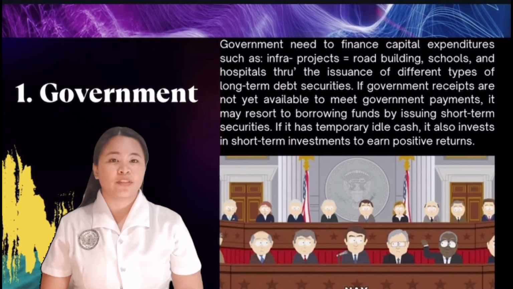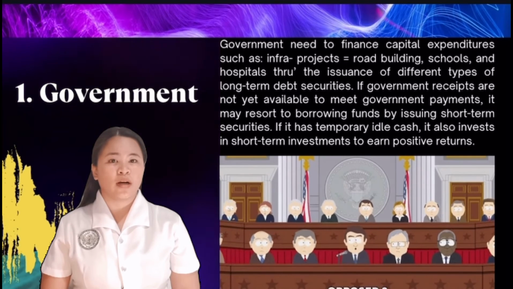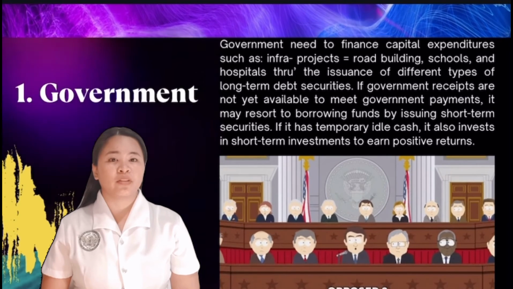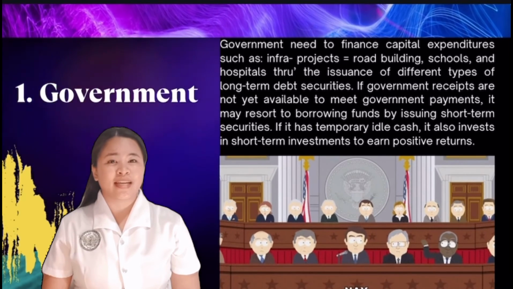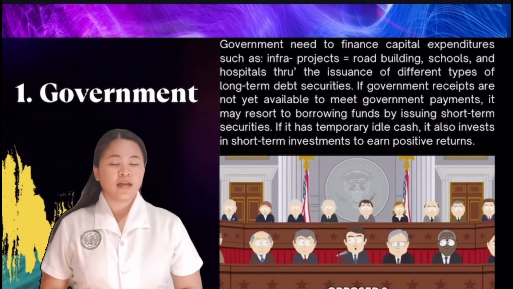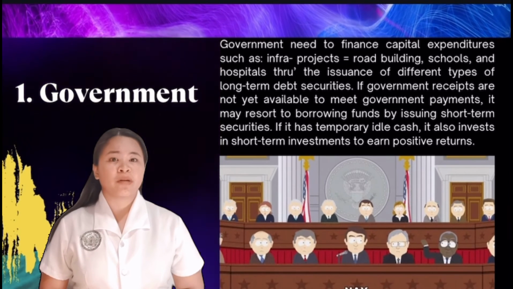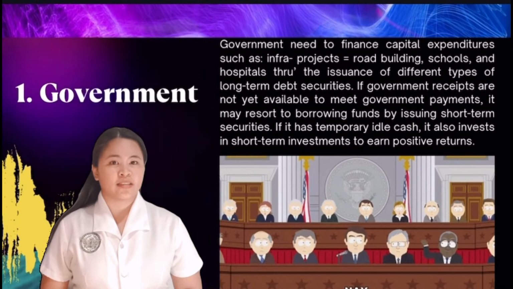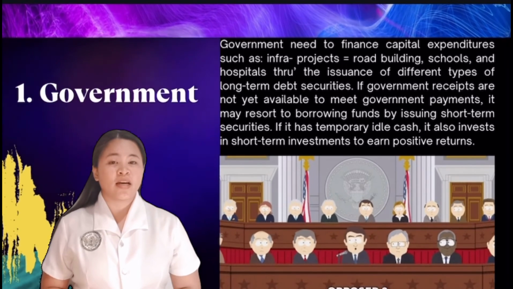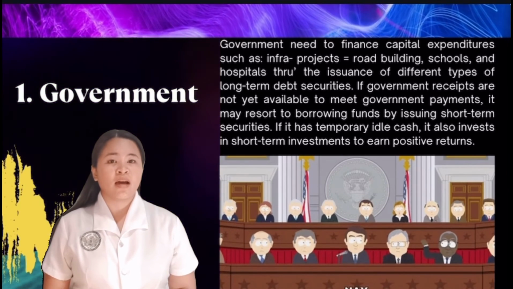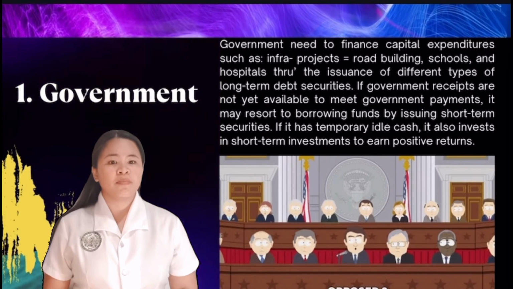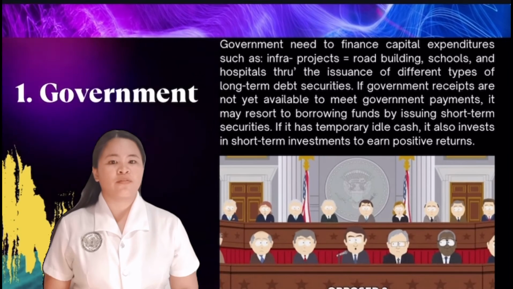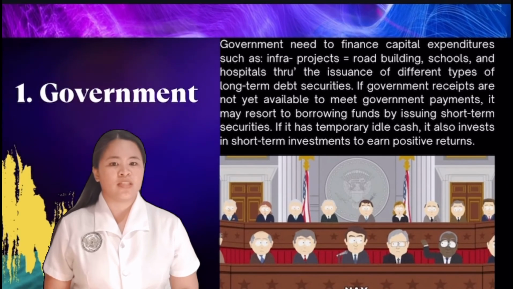First is the government. Both local and national government needs large amount of money to finance capital expenditures like long-term infra project or also called infrastructure projects, such as road buildings, schools, and hospitals through the issuance of different types of long-term debt securities.